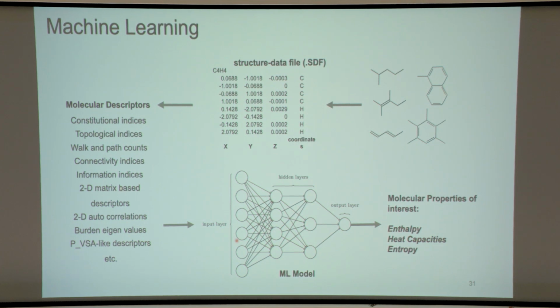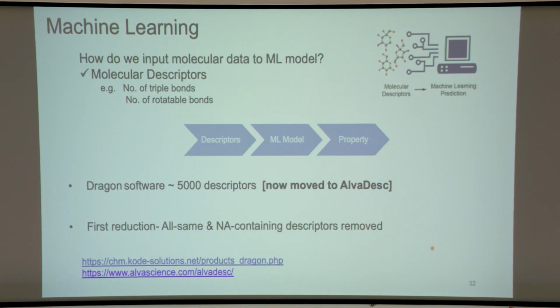You take these descriptors, you feed them into a machine learning model, and you predict your thermal data. So we use a code called AlvaDesc, which can give you about 5,000 different types of descriptors for molecules. These descriptors are things like the number of double bonds, triple bonds, the distance between bonds, everything, much more than group additivity. Group additivity is only based on groups, but molecules are much more than groups. They have many different features, and chemists already know what all these different features are just by looking at the electronic structure of a molecule.